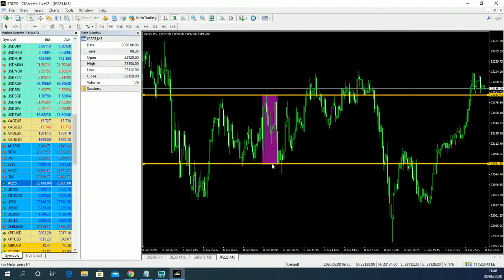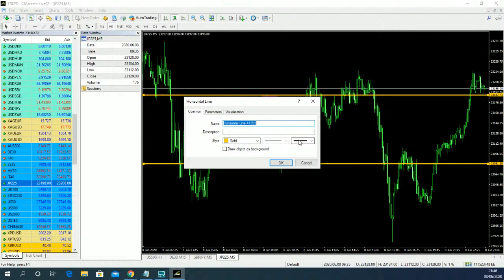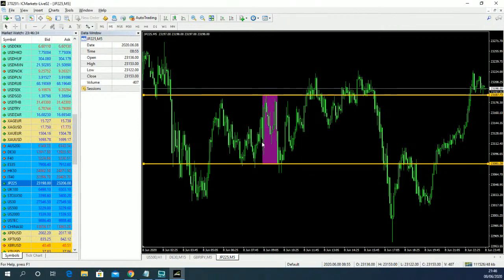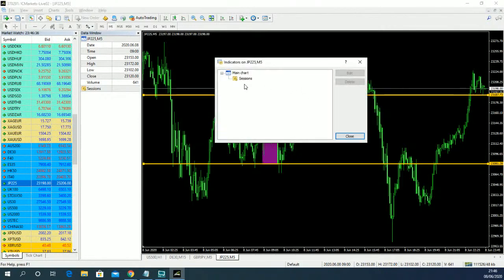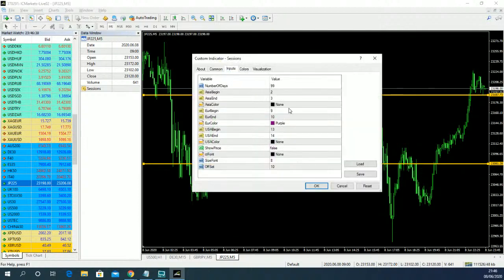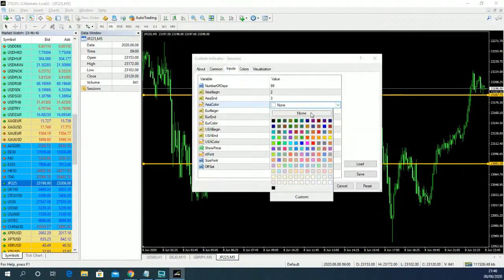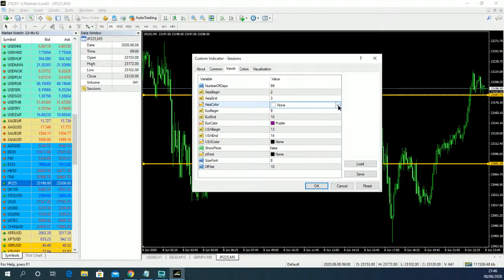So let me stop drawing it on the Euro session. We need to change it to Asian sessions. But I'm going to leave the Europe session as well, so I'll just add the Asian session with it. So we make it two sessions now, Asian session and the Euro session.